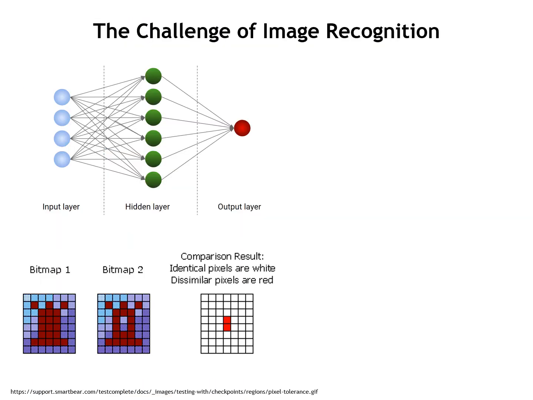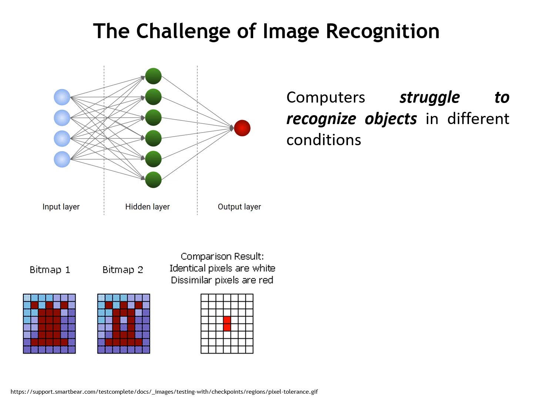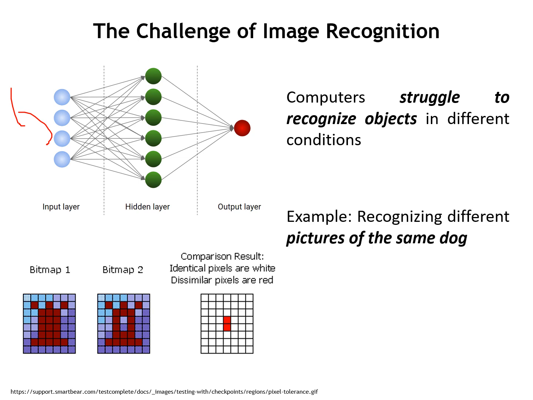Before moving to the history, I remind you that this neural network architecture was able to solve many problems. I remind you that a computer used to struggle recognizing objects, and I showed you the pictures of the dogs. Why? Because the traditional method was just comparing pixels.